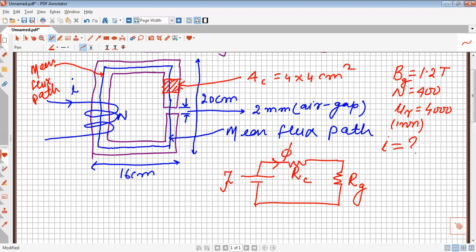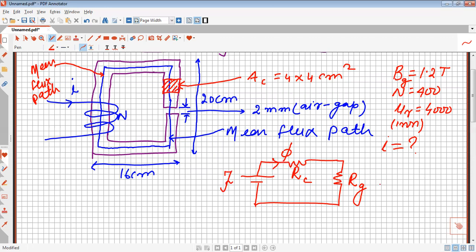This is our magnetic circuit, very simple. The same flux flows in the core and in the air gap, so they are connected in series, as when the same current is flowing.